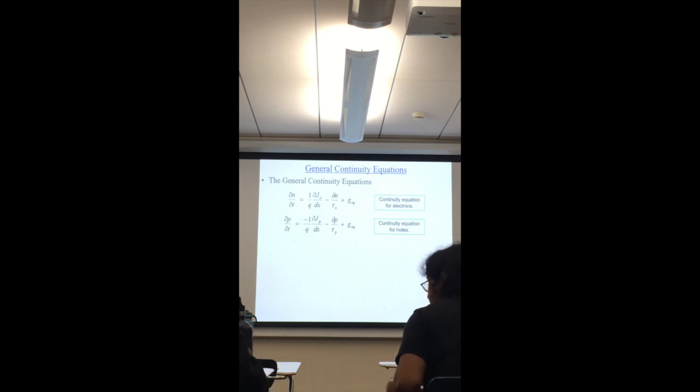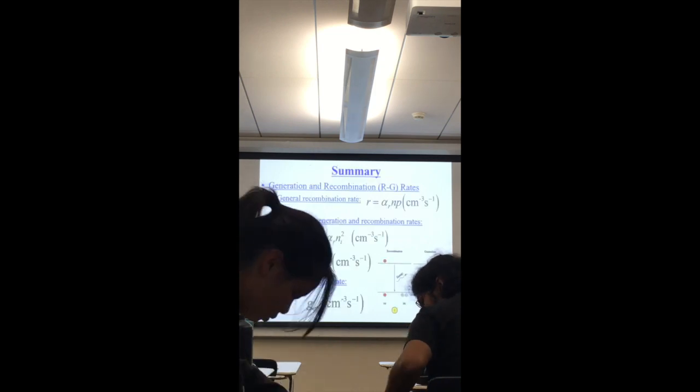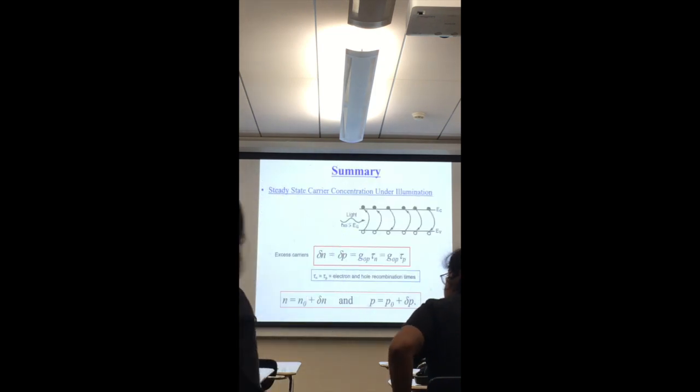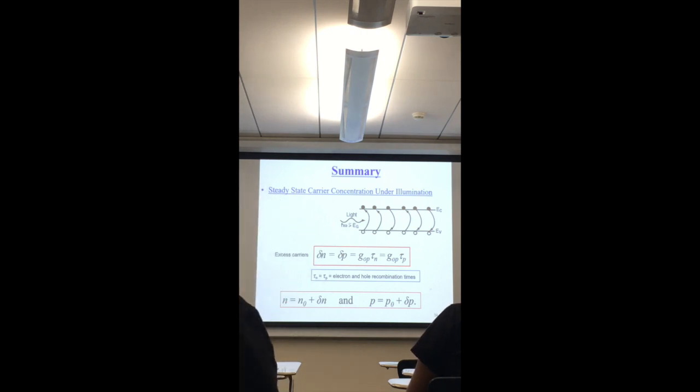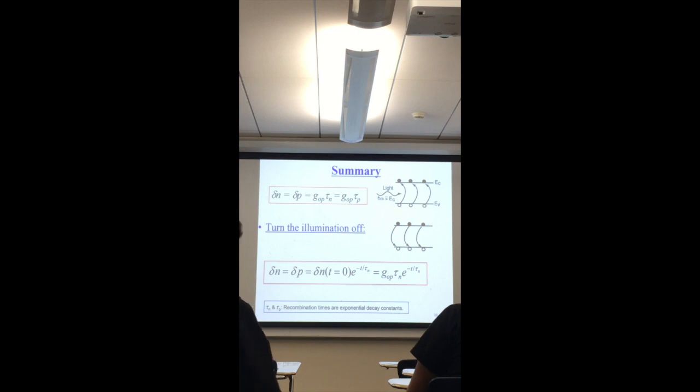Okay, so to summarize, we have discussed steady-state carrier concentrations under illumination. We can create excess carriers, related to the optical generation rate and recombination lifetime. We can determine these excess carriers and also understand how the excess carrier concentration changes with time if we turn off the light.